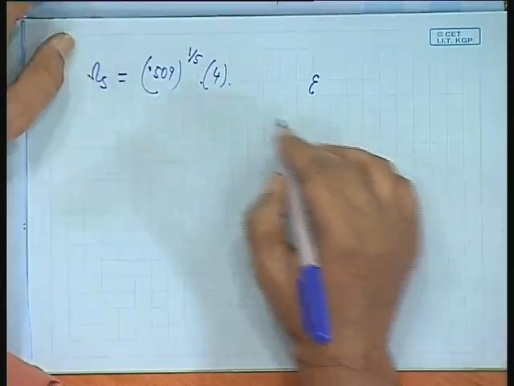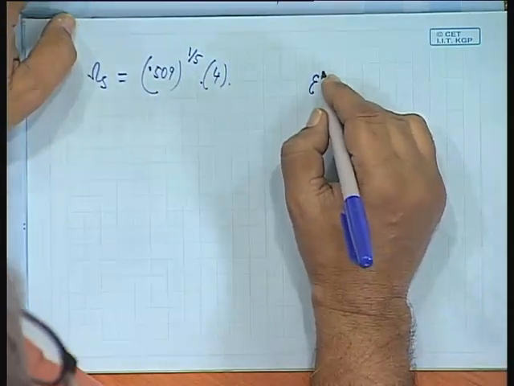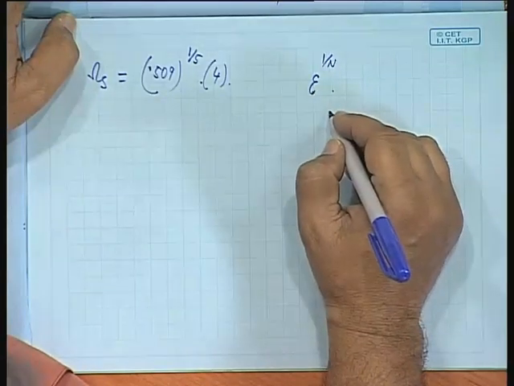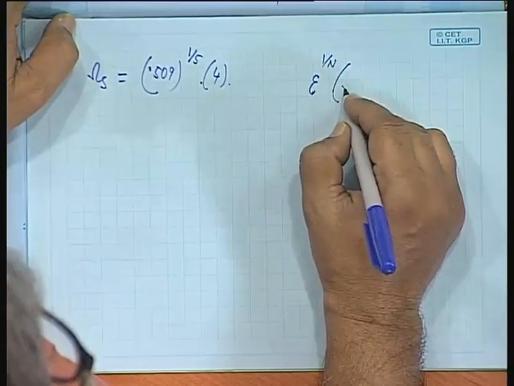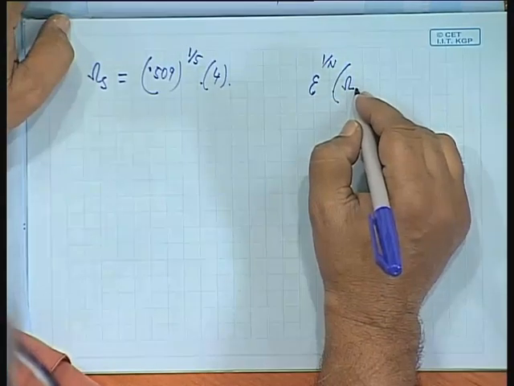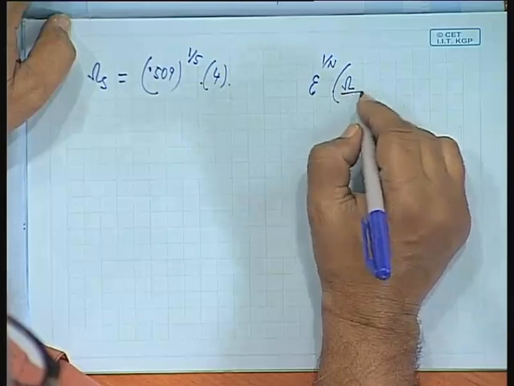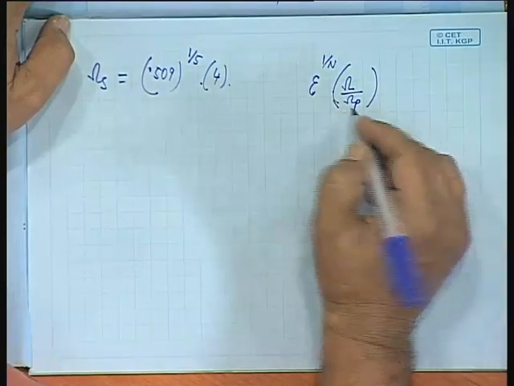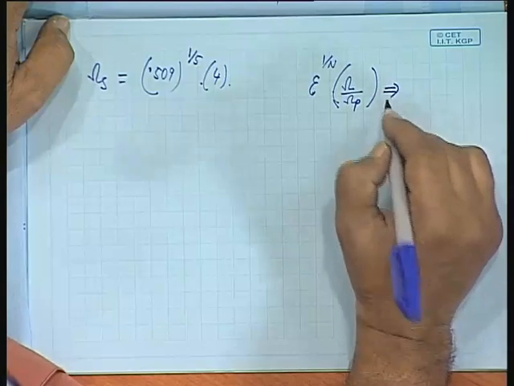So, epsilon to the power 1 by n into omega s by omega p.